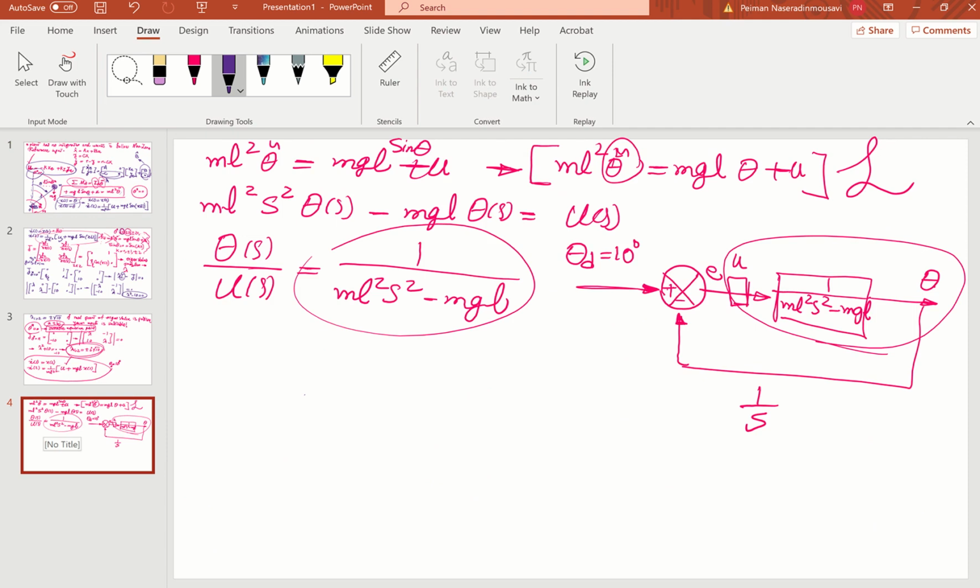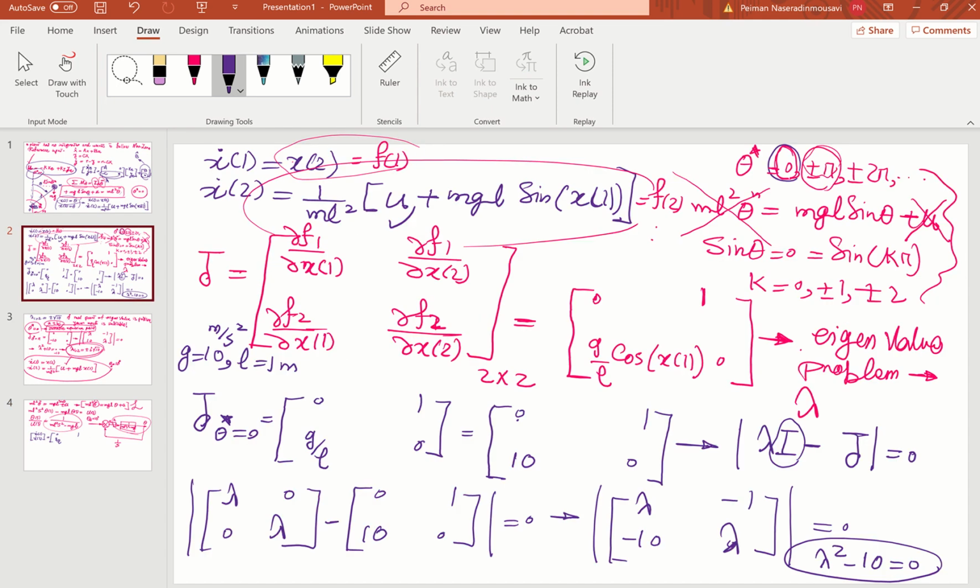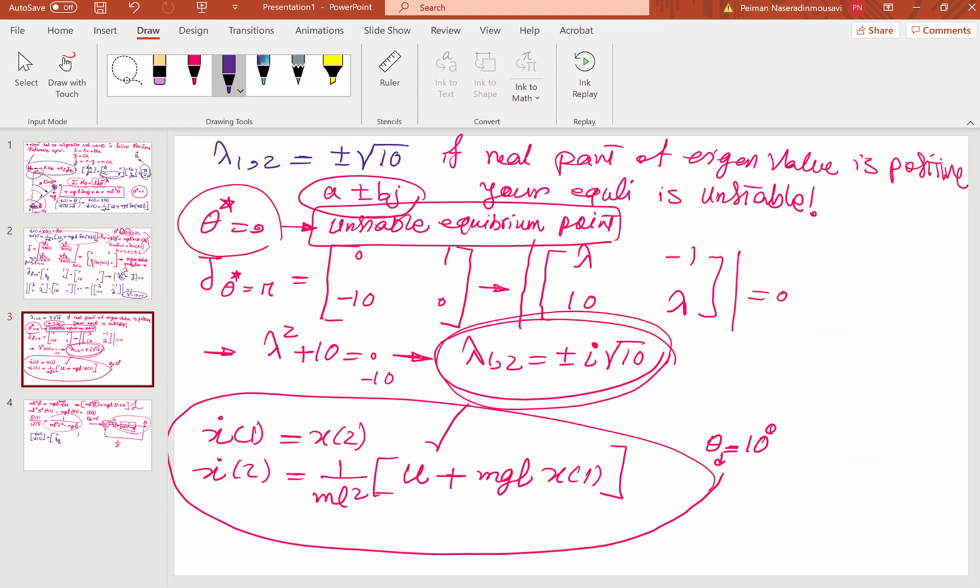Look here, guys. We got x1 dot, x2 dot is equal to 0, 1, g over L. Where did we get that? Yeah, g over L.